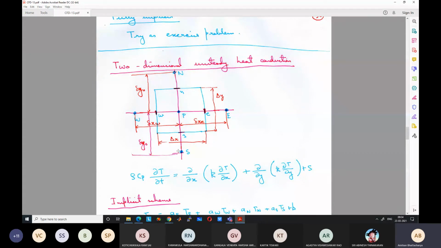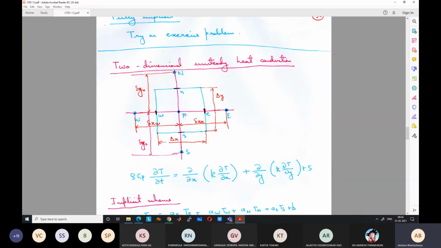Similarly, we can define the distances. The control volume size is capital delta x along the x direction from small w to small e, and delta y along the vertical direction from small s to small n.